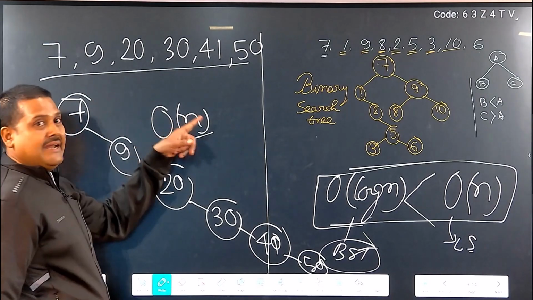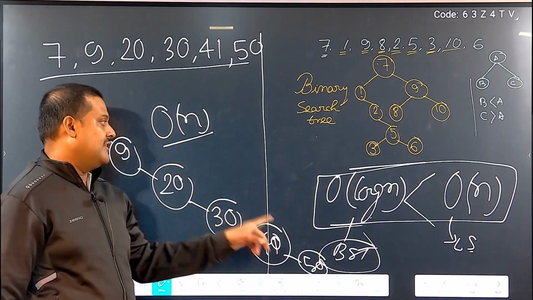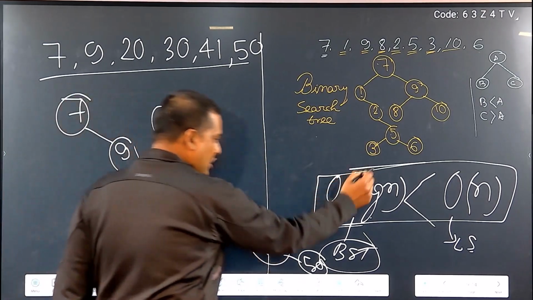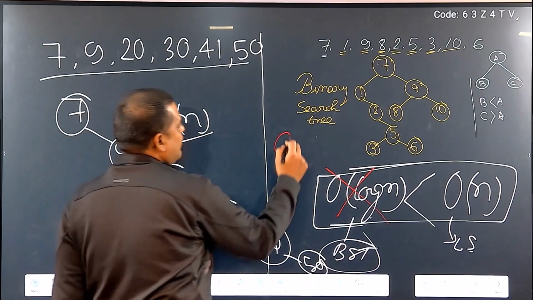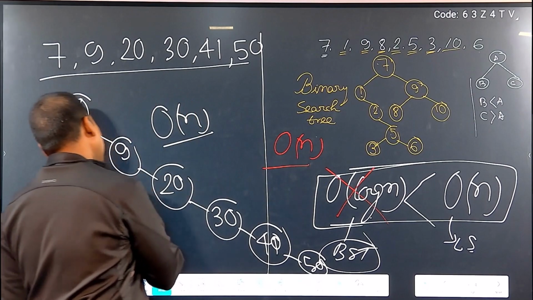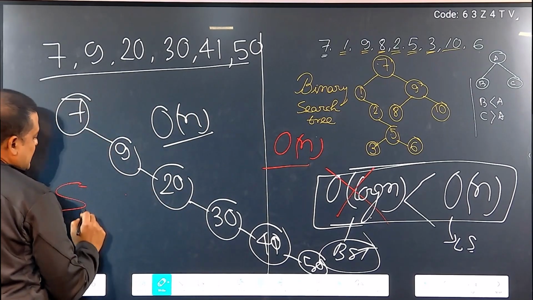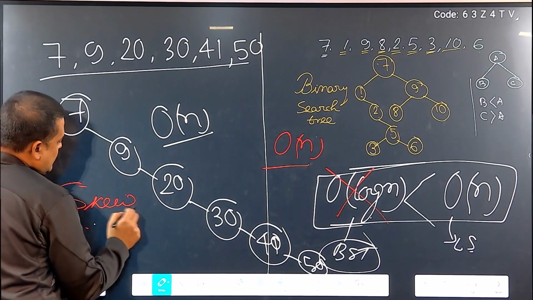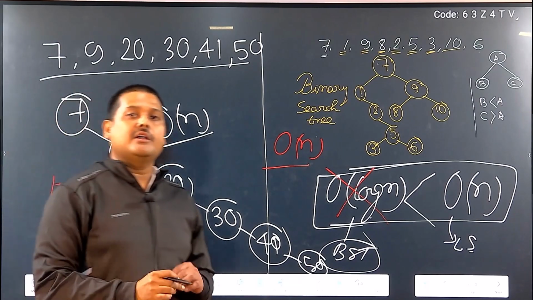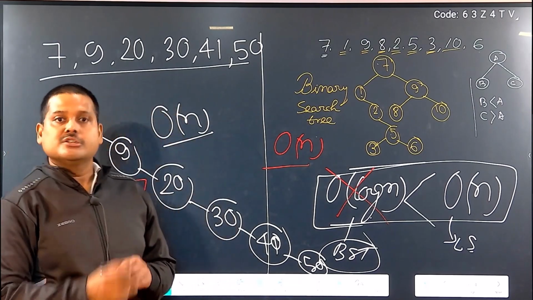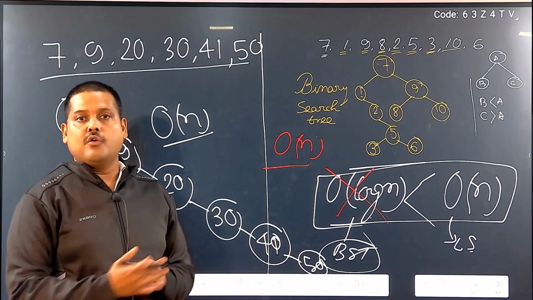So in a binary search tree we again have a worst case complexity that is not big O of log n but big O of n, because this type of structure is called a skewed structure. Skewed means that if the elements are coming in ascending order or descending order, the same scenario will happen.